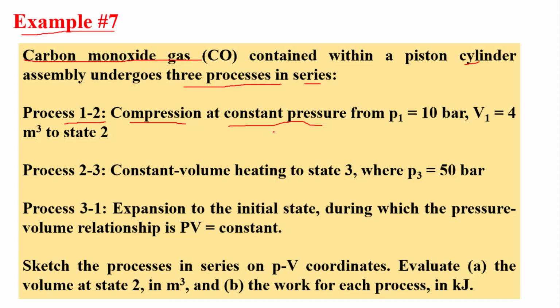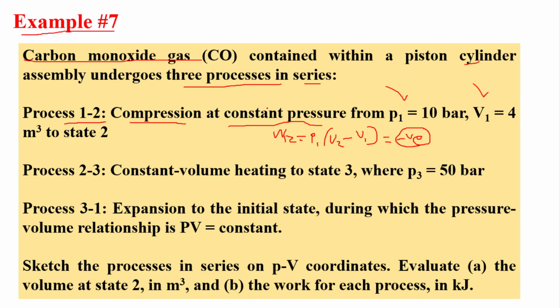So constant pressure means W12 equals P times V final, which is V2, minus V initial. And here we can substitute 1 or 2. Of course this will give us a minus magnitude, because this is compression.